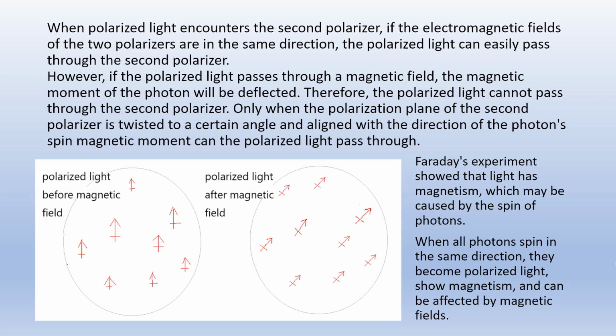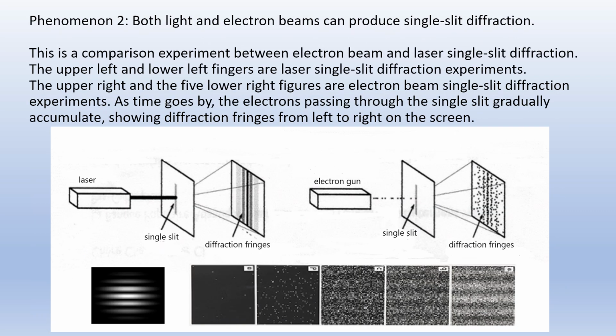Only when the polarization plane of the second polarizer is twisted to a certain angle and aligned with the direction of the photon's spin magnetic moment can the polarized light pass through. Faraday's experiment showed that light has magnetism, which may be caused by the spin of photons. When all photons spin in the same direction, they become polarized light, show magnetism, and can be affected by magnetic fields.